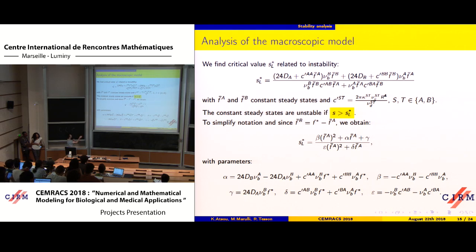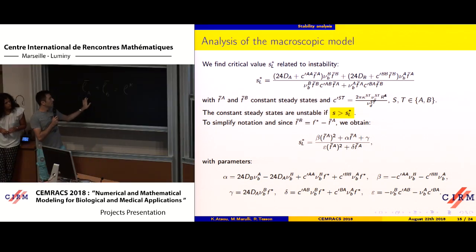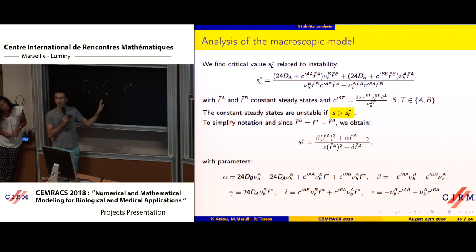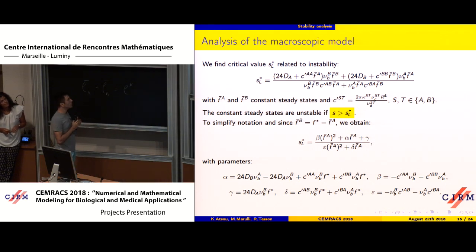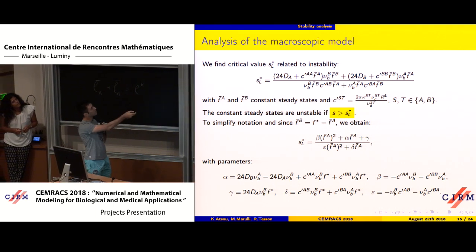And you say, okay, we have this criterion, but in this criterion the value of the population at the homogeneous steady states appears. When you look at the homogeneous steady state, this equation is satisfied, but to satisfy this equation, there is in fact an infinite number of steady states. So you say, okay, we want to know how this critical value depends on the steady state.